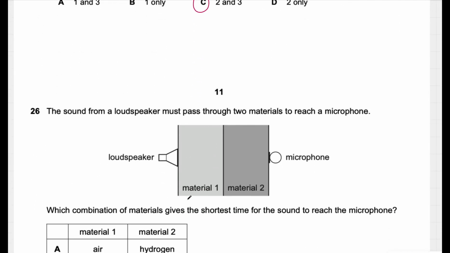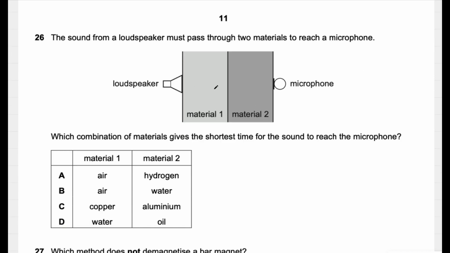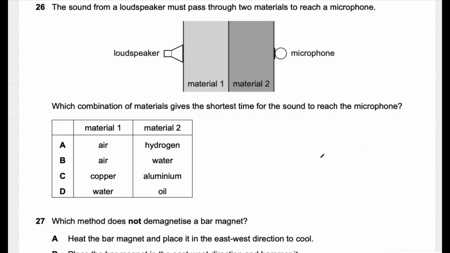Okay, 26. Let's take a look at question 26. The sound from a loudspeaker must pass through two materials to reach a microphone. Which combination of materials gives the shortest time for the sound to reach the microphone?